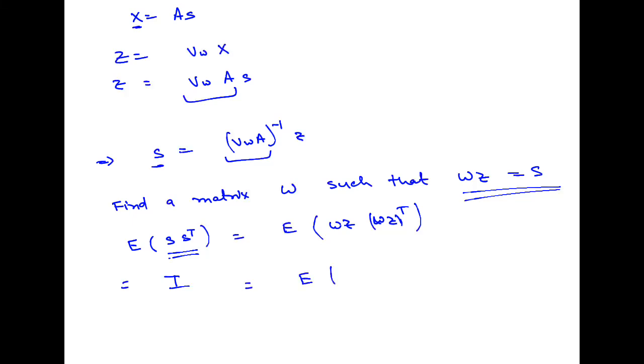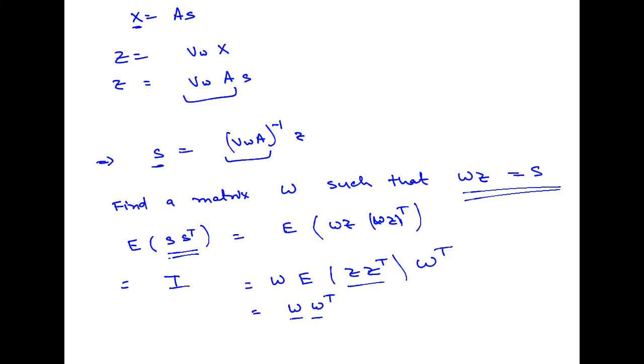W times E of Z Z transpose times W transpose. I've already whitened X to Z. So what is E of Z Z transpose? I. So this becomes W W transpose.